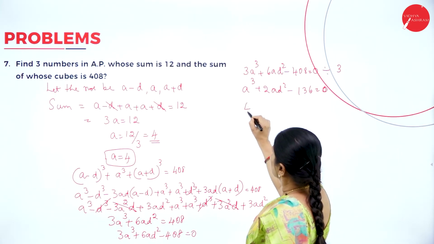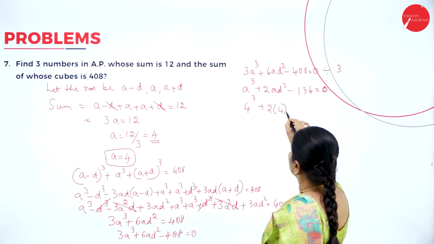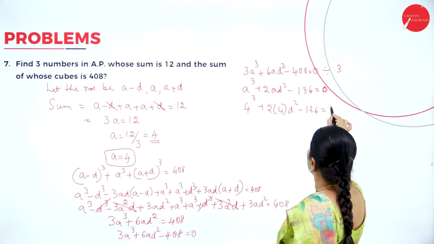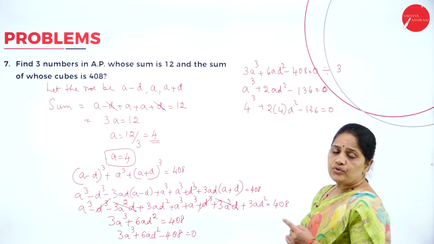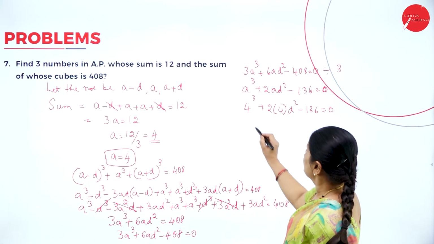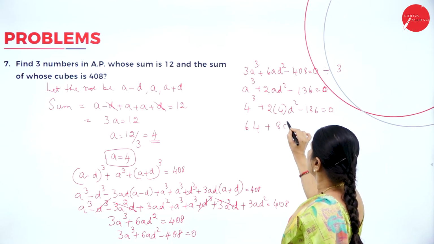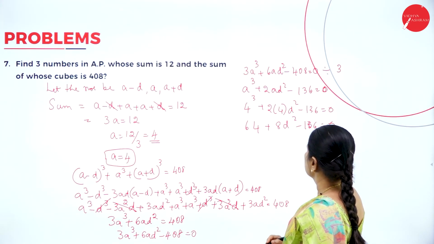So, I'll write 4 cube plus 2 into 4 into D square minus 136 equals 0. So, 4 4s are 16, 16 4s are 64, plus 8D square minus 136 equals 0.